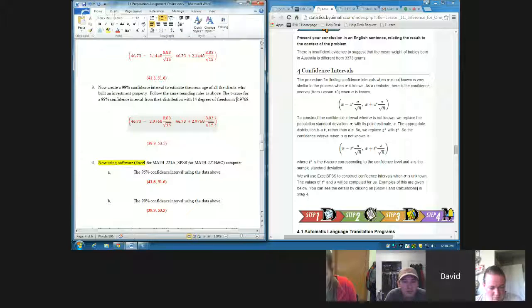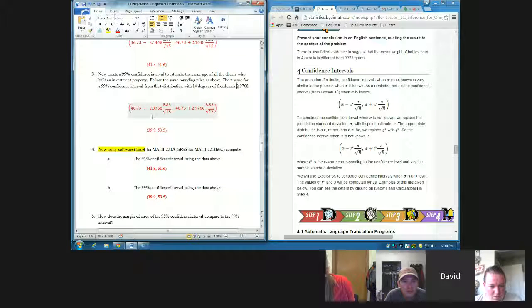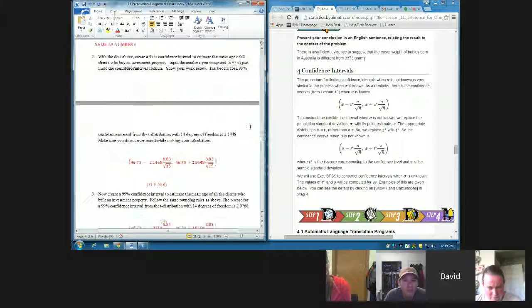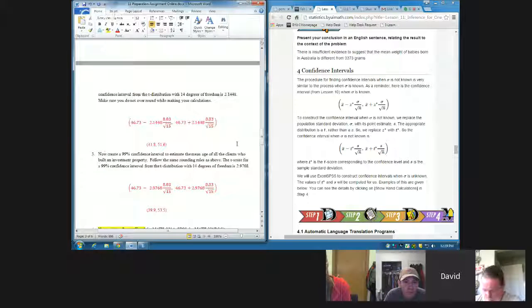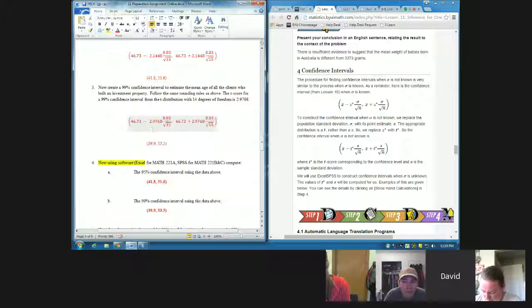Okay. Yeah, same thing. So it's 2.9768, and then the standard deviation is what you should have gotten from the software, and then the square root of 15, which we got from the story. You randomly selected 15 clients, and then you just compute it, and then same thing, but addition instead of subtraction.